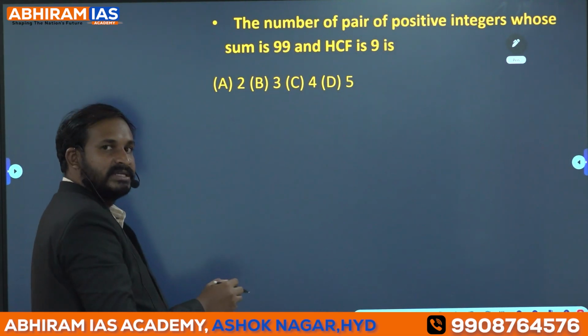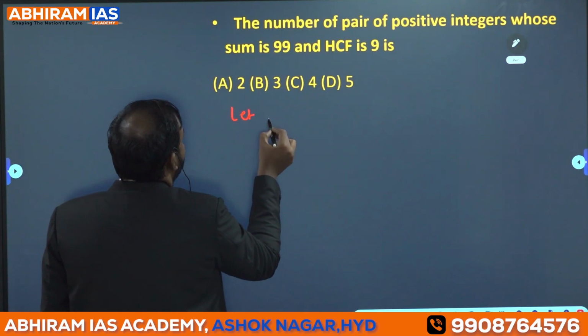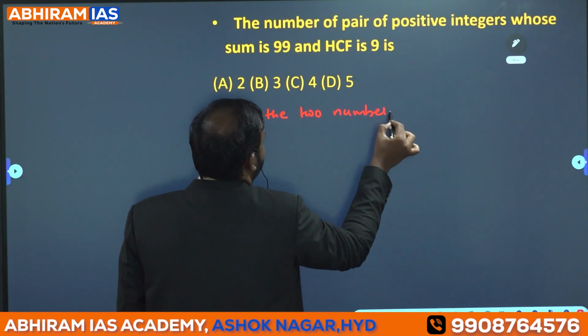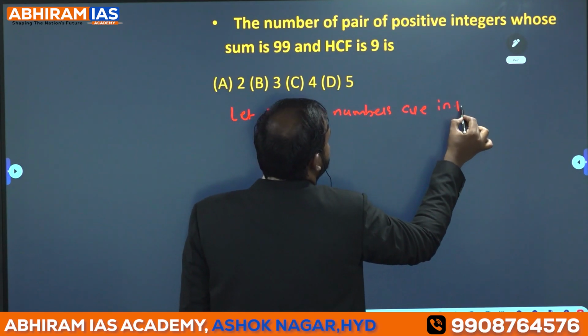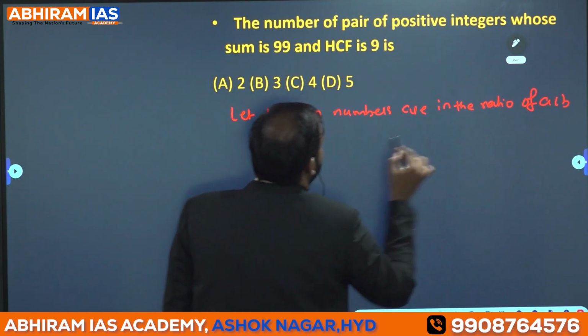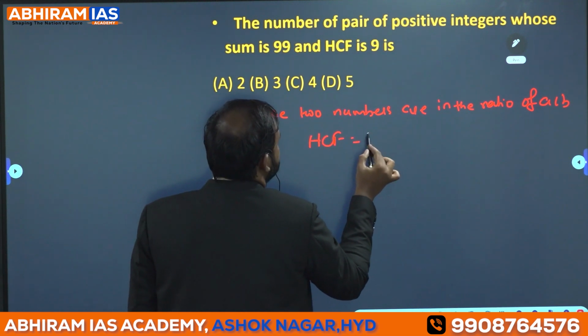We will go with our basics only. Let the two numbers be in the ratio of A is to B, and the HCF they have given us here is 9.